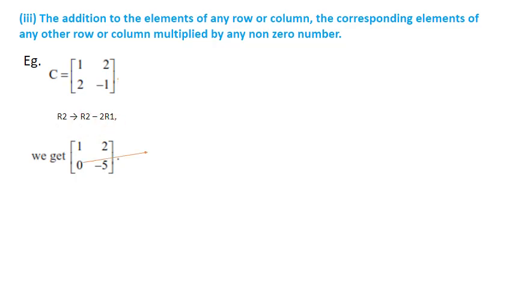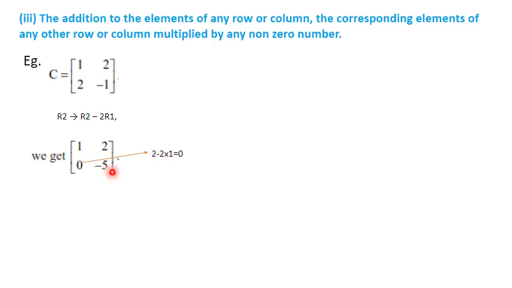Look at how we got 0: the R2 first element is 2, minus the scalar 2 into the corresponding row 1 element, that is 1. So 2 minus 2 gives the answer 0.